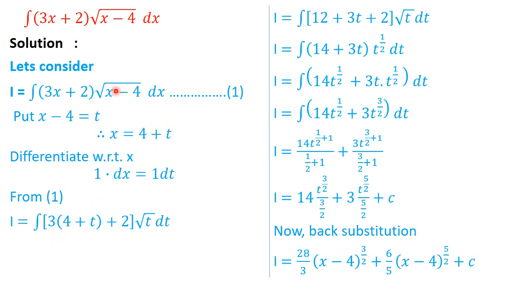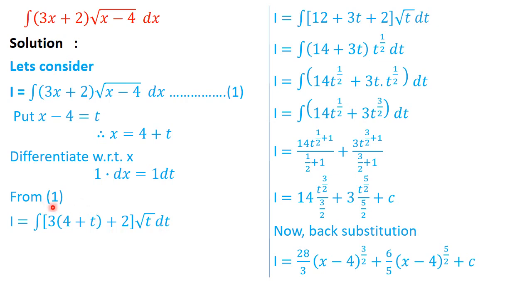Therefore equation 1 becomes integration of 3, and this x is now replaced by 4 plus t here, and plus this 2 as it is, and into x minus 4 is equal to what? t, but it is now root, so root t into dt, because dx is equal to dt.